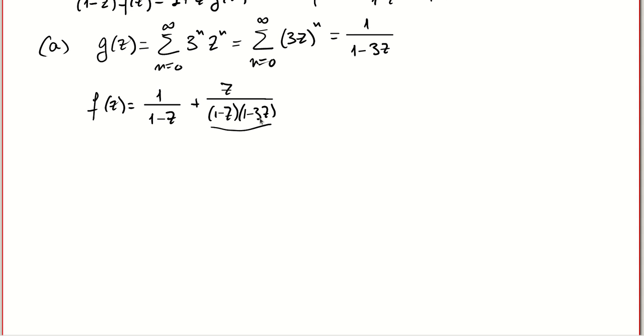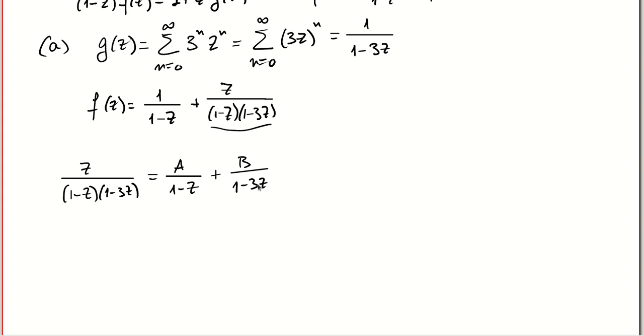So we are going to use the typical expansion in terms of elementary fractions. If you have these two factors to the power 1, and the numerator is a polynomial of degree smaller than the denominator, you know that this can be written as a over 1 minus z plus b over 1 minus 3z.